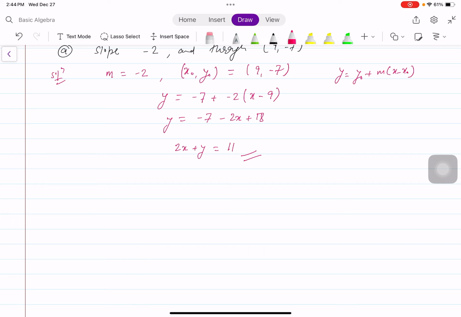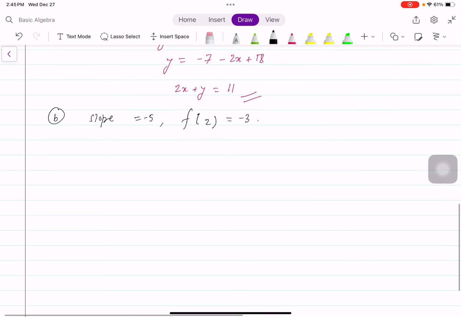Similarly, we can do another problem. Number B, slope equals -5 and f of 2 equals -3. Now, how to do this one? Last time we did a similar type of problem, but since we know another formula, I'm going to use it here. So m is the slope, and this is one of the inputs with its corresponding output.